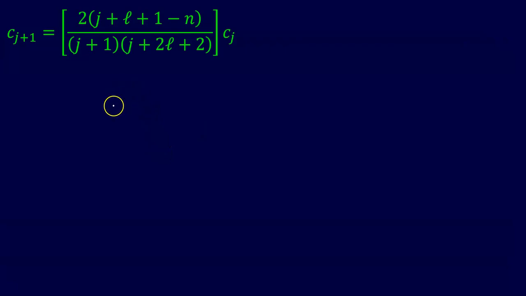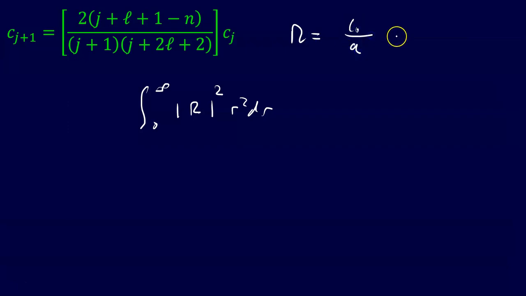And so if you remember, we separate out the normalization pieces. For us to normalize this, we're only interested in this part right here. So we're looking at the integral of R absolute squared, r squared dr. And if you remember, the function we just got was c naught over a, e to the negative r divided by a.